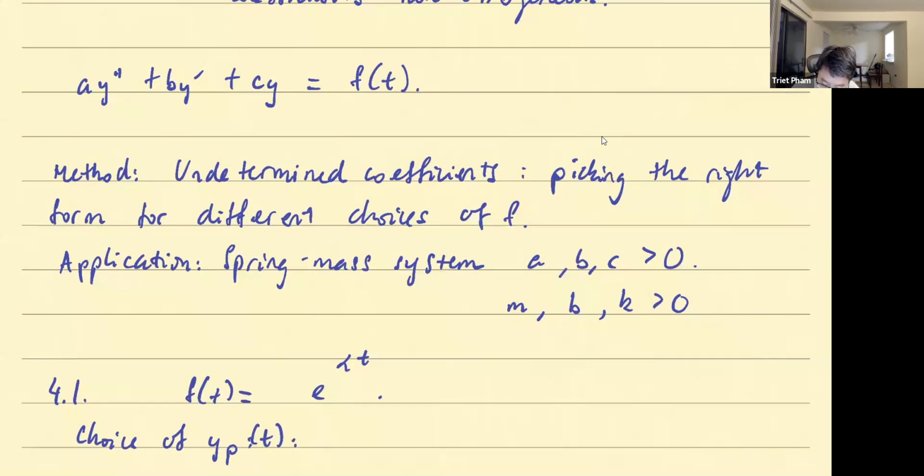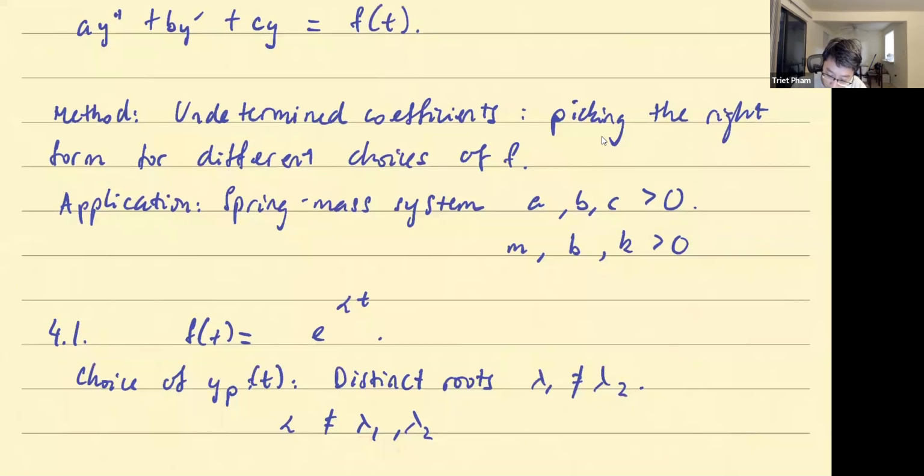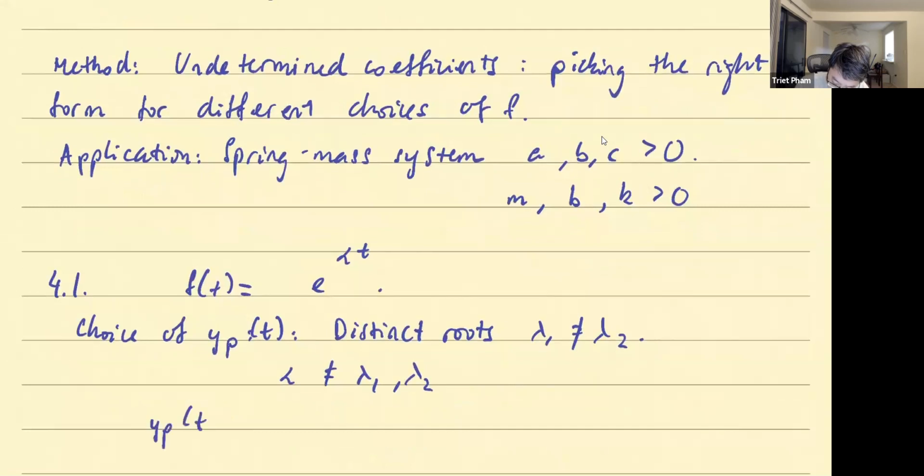Suppose that you have two distinct roots for the characteristic equation, lambda 1 is not equal to lambda 2, and they could be complex, who cares? Then the assumption is, if alpha is not one of these, the coefficient of the exponential term is not your lambda 1 or lambda 2, then basically the guess is a constant times e to alpha t.